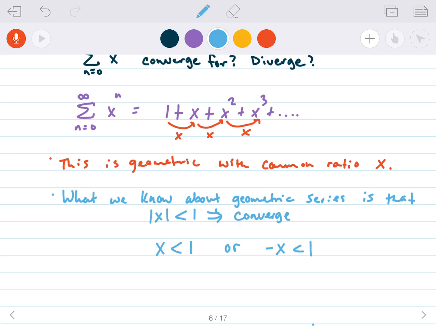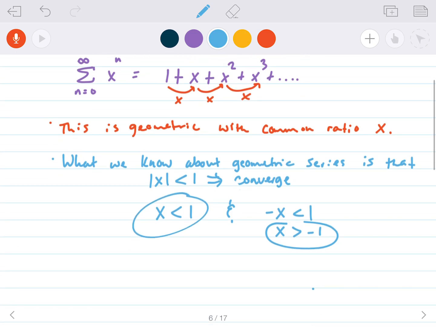We divide both sides by negative 1, flip the sign, and we get x is greater than negative 1. So if we write this in terms of intervals, we have that x is greater than negative 1 and x is less than 1.